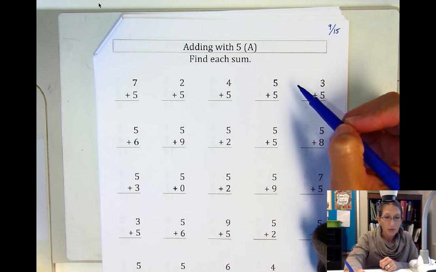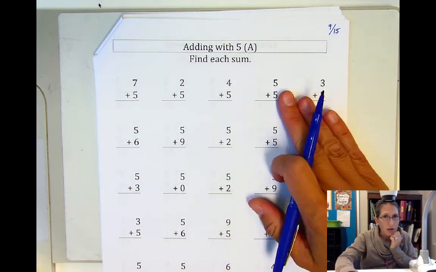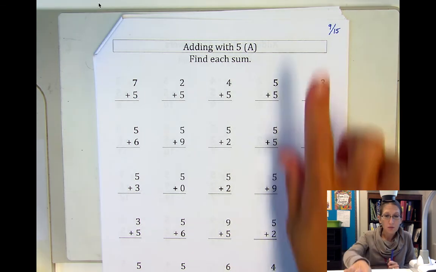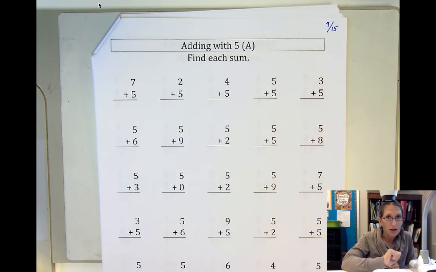That would be really good practice. So I'm going to let you go ahead and do this. You might want to pause the video right now, do your facts, write how much time it took you, and then press play again and watch the rest of our video. That would be a really good idea.